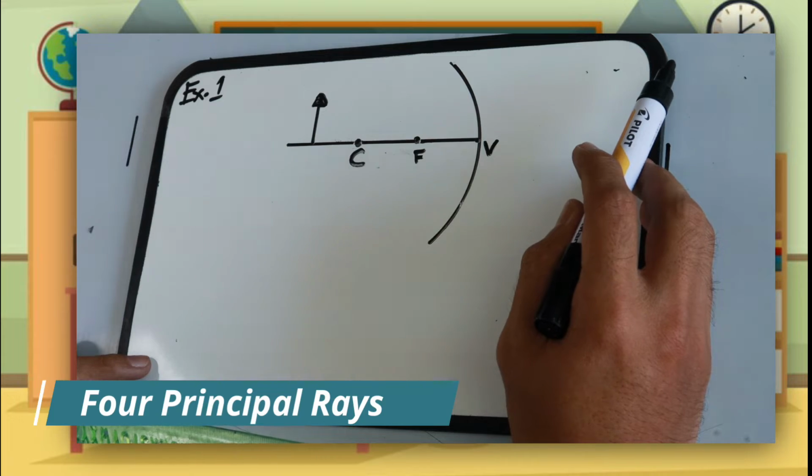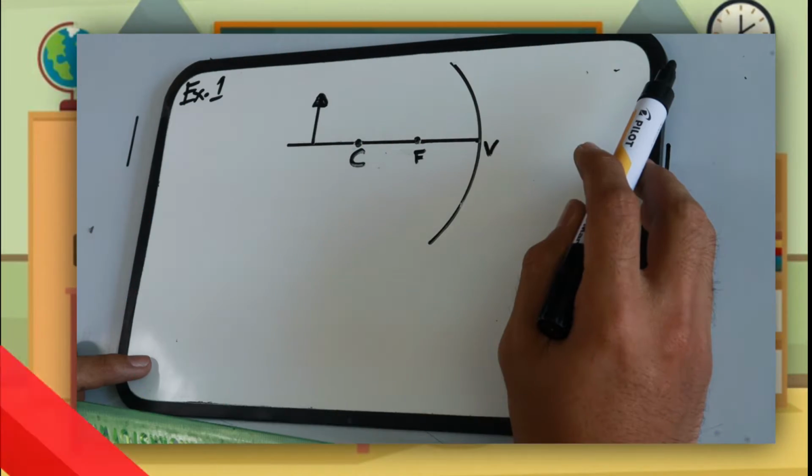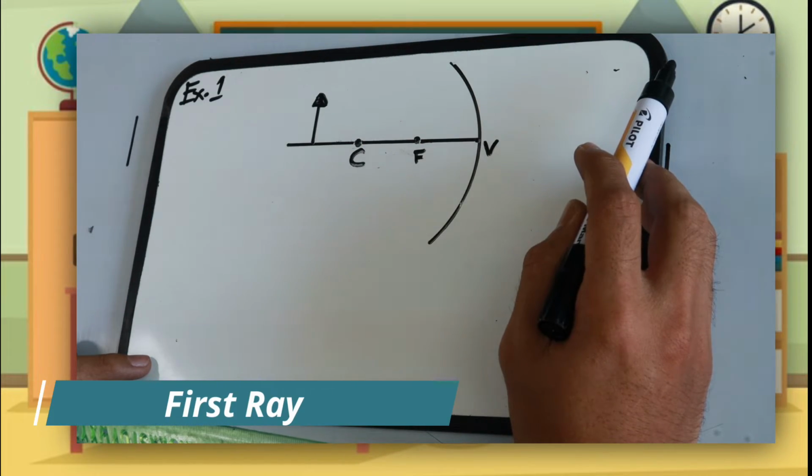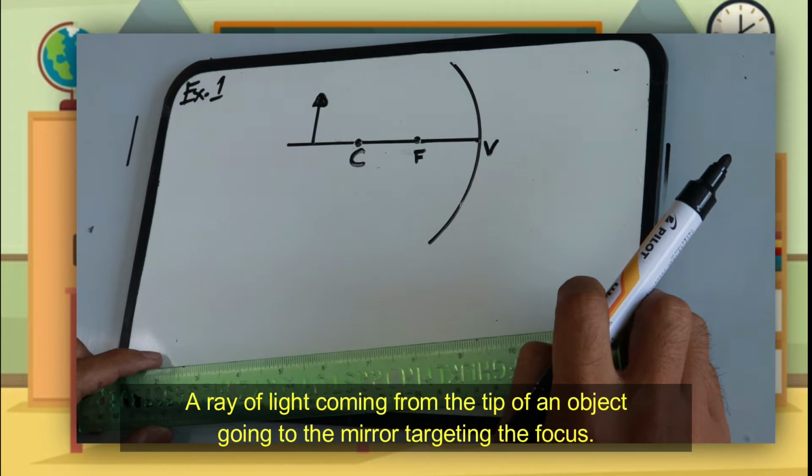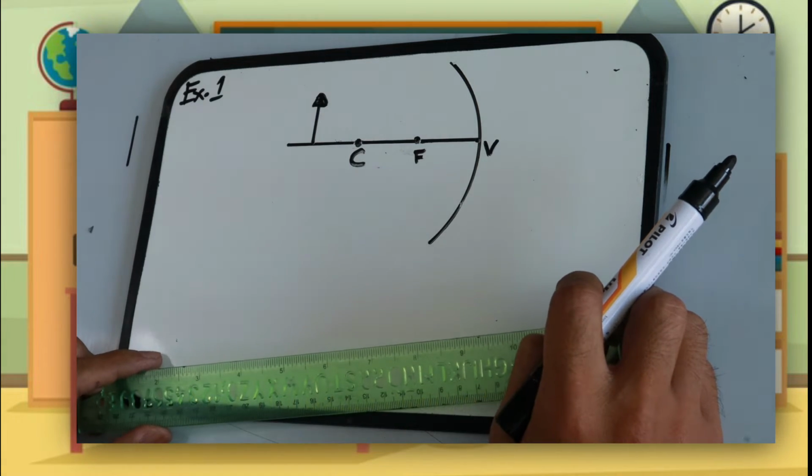Are you ready? First, we are going to draw the first ray. Our description of the first ray: a ray of light coming from the tip of the object going to the mirror, then targeting the focus. So how are we going to do that?